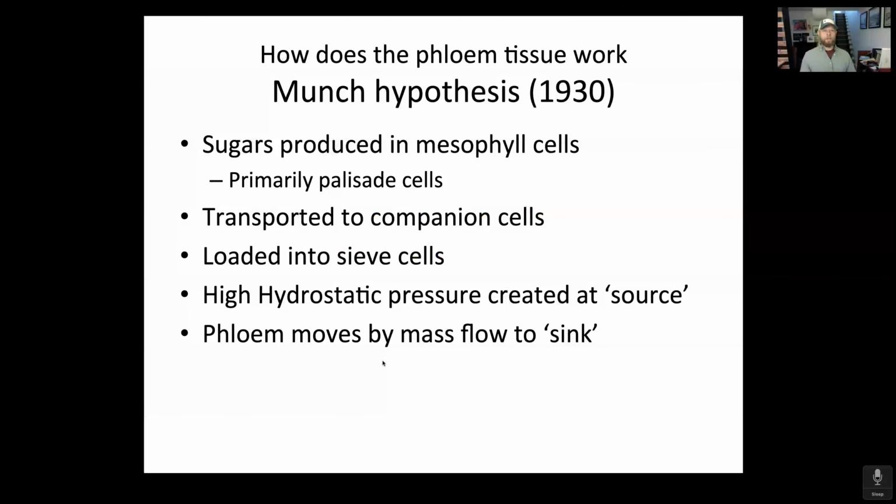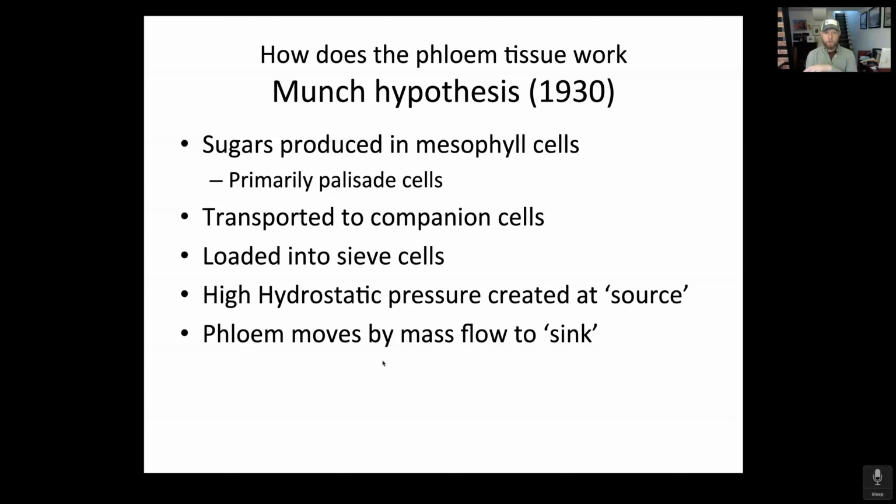Okay, let's talk about the mechanisms of phloem transport, or at least how we think it works. So this hypothesis was posed in 1930 by Munch, and I'm sure it's pronounced wrong. There's supposed to be umlauts over the U. This was a German scientist.